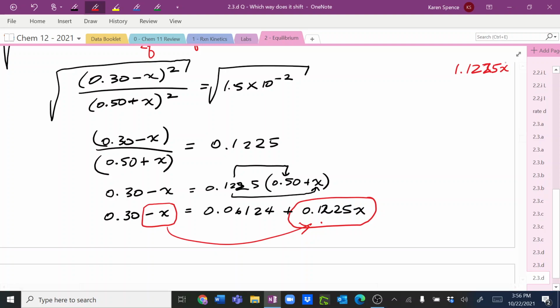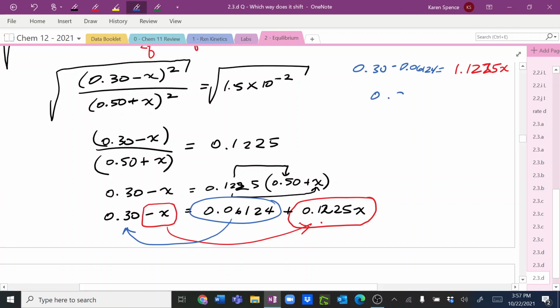I'm going to now combine this guy. I'm going to bring it over here, so I have to subtract it. So we have 0.30 minus 0.06124. Okay, what's that? 0.2388 equals 1.1225x.